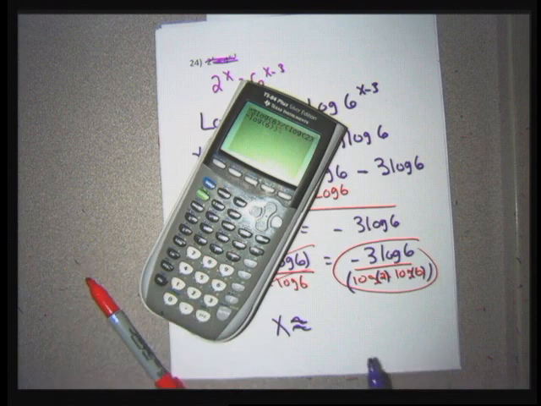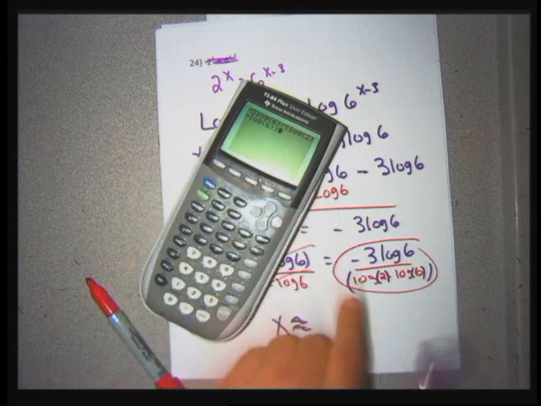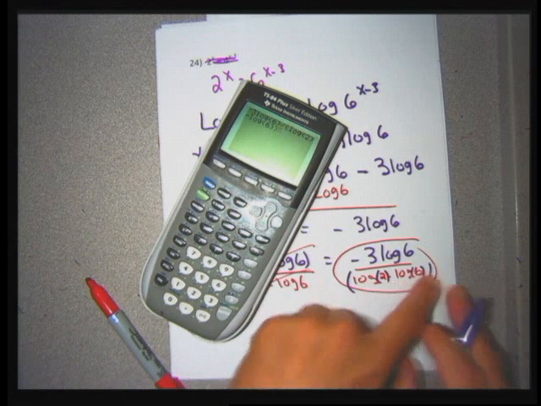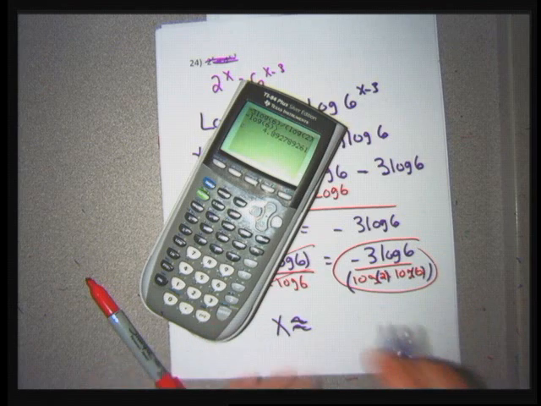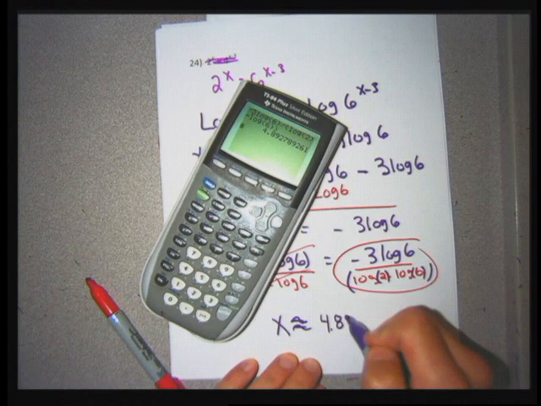So that's a mess to do. So I have negative 3 log of 6 divided by, and then the denominator has 1, 2, 3, 4, 5, 6 parentheses, and I get 4.89 for a 2 decimal version of this.